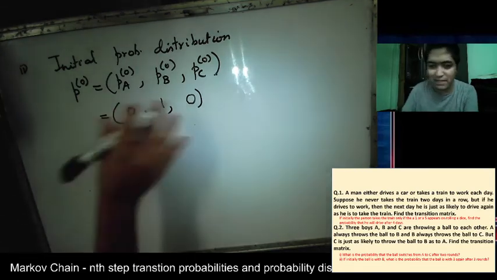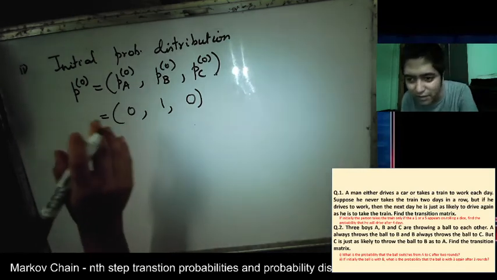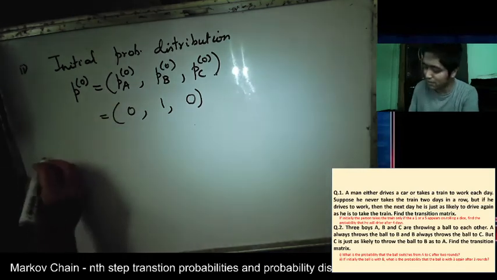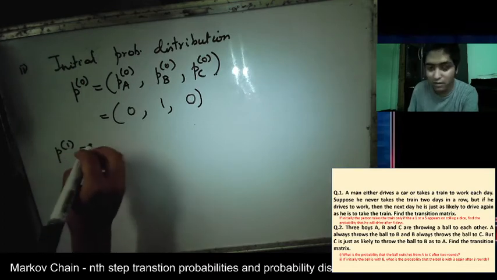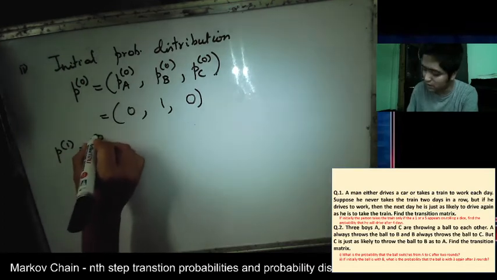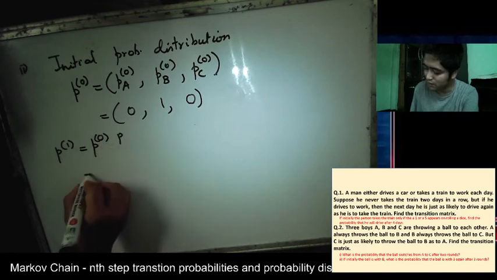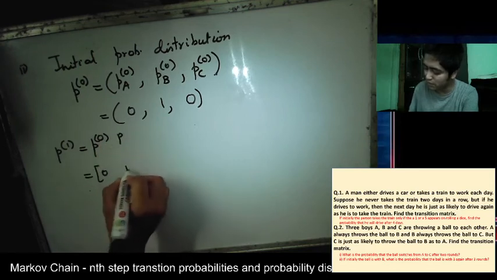What is the probability after 3 rounds? So now we will need to find P1. P1, if you remember, it is P0 times P. P0 will be 0, 1, 0.